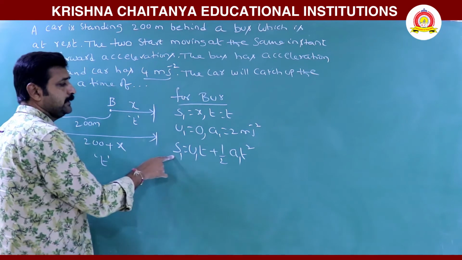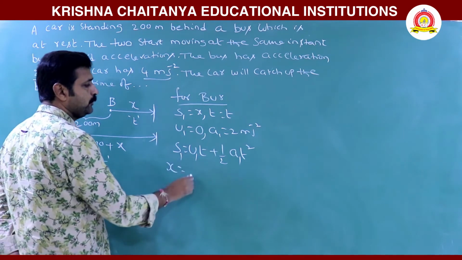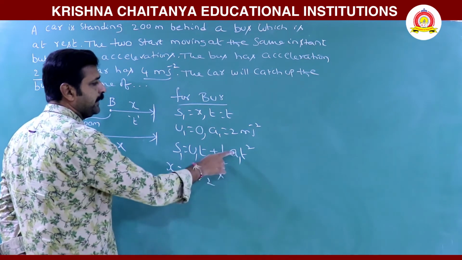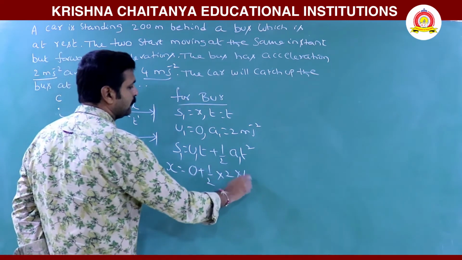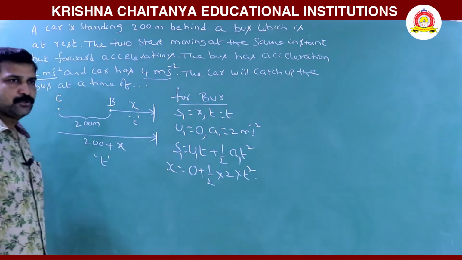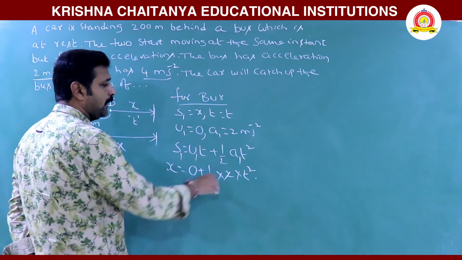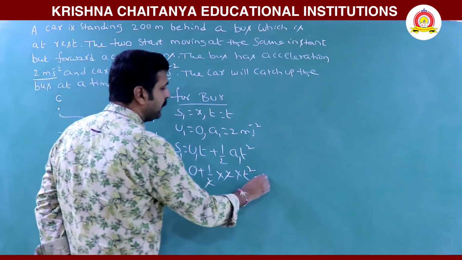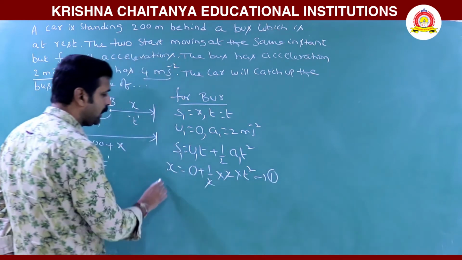Here s is x, u is 0, plus half into 2 into t squared. So the half and 2 cancel, this is t squared. So this is x for the bus.